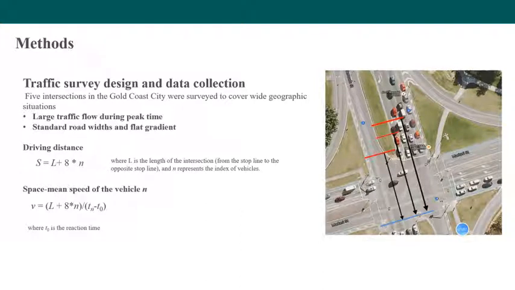In these intersections, there is large traffic flow during peak hours, and the road widths and flat gradients are standard. So based on the survey we can get the mean speed of vehicles passing each intersection and also the time of vehicles passing the intersection.